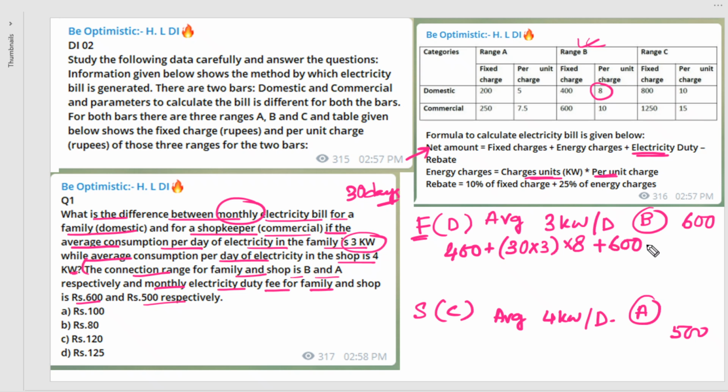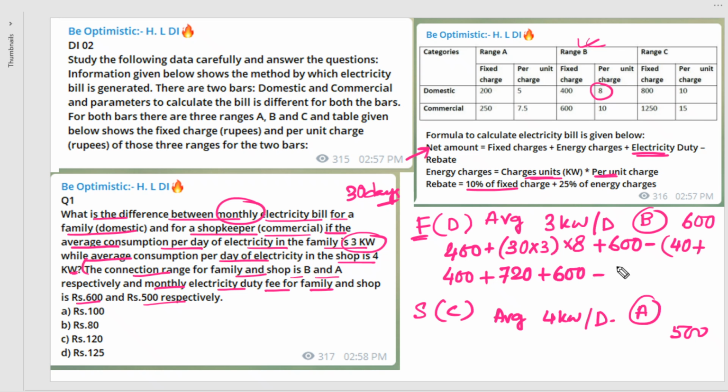Now you have to subtract the rebate. The rebate is 10% of the fixed charge, that is 10% of 400, plus 25% of the energy charge. So now calculate this: 400 plus 90 into 8, since 30 into 3 is 90, and 90 into 8 is 720, right?